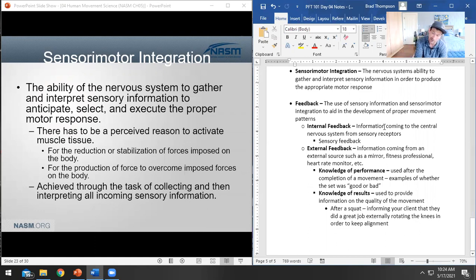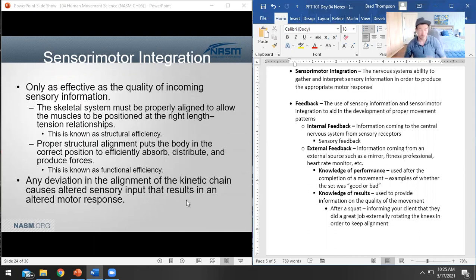So taking proprioception and putting it together with desired muscle activation, desired movements, in order to achieve specific tasks, that's your sensory motor integration. Now we've got to remember that your sensory motor integration is only ever going to be as effective as the quality of your sensory info. You can't choose to move the way you want to move unless you are getting the right type of information into the brain.